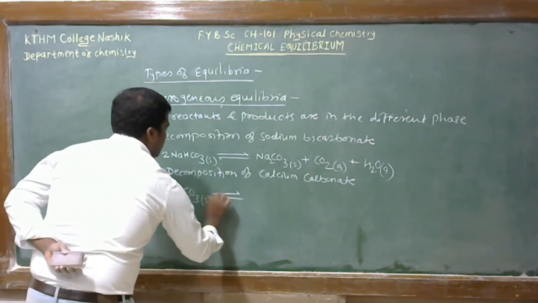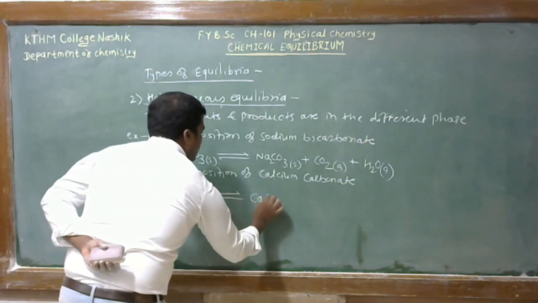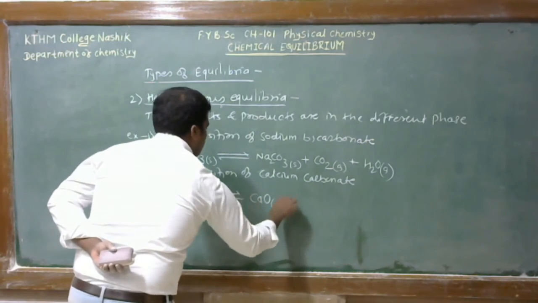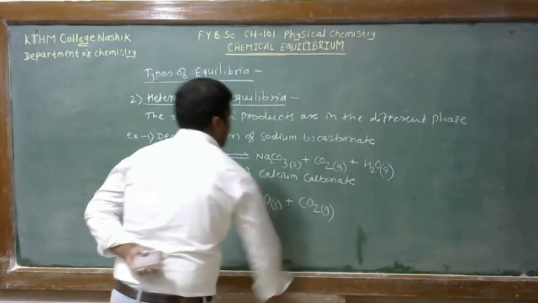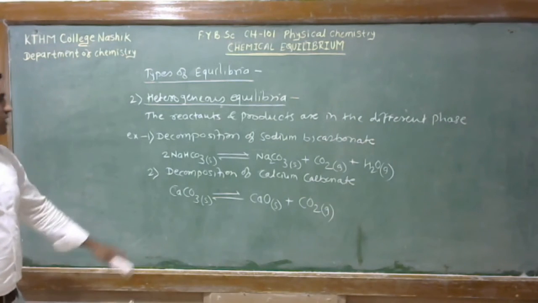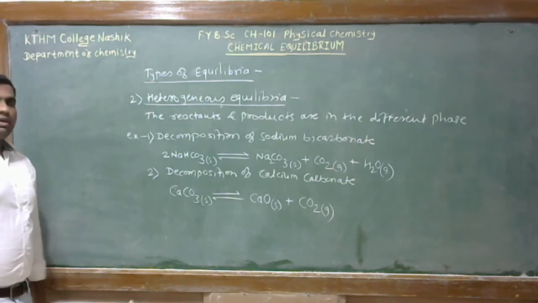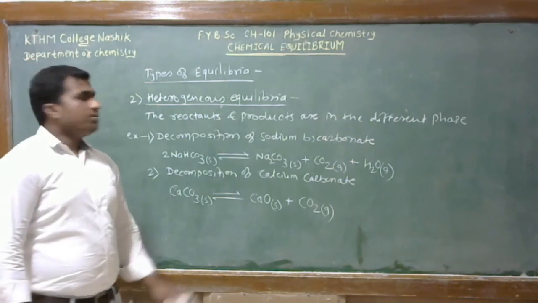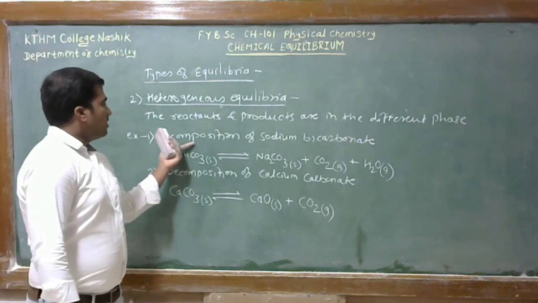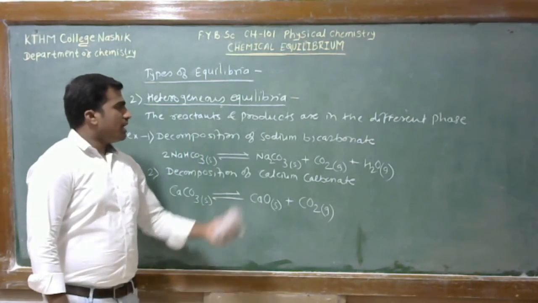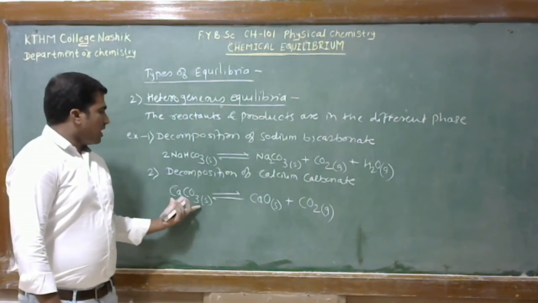So calcium carbonate decomposes into calcium oxide plus carbon dioxide gas. Okay, these are the 2 examples of heterogeneous equilibria. So heterogeneous equilibria is nothing but the reactants and products are in different phases. The examples are decomposition of sodium bicarbonate and decomposition of calcium carbonate.